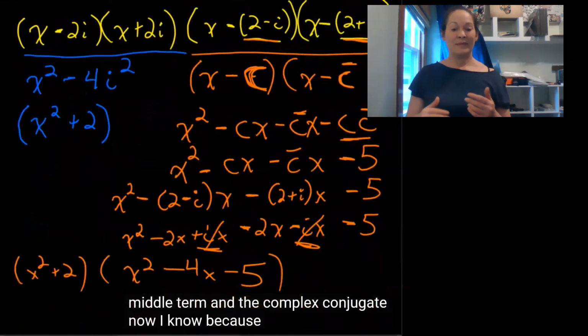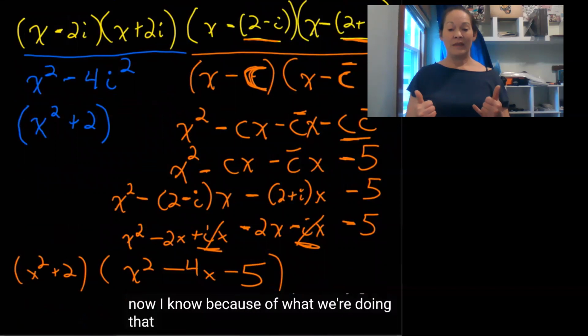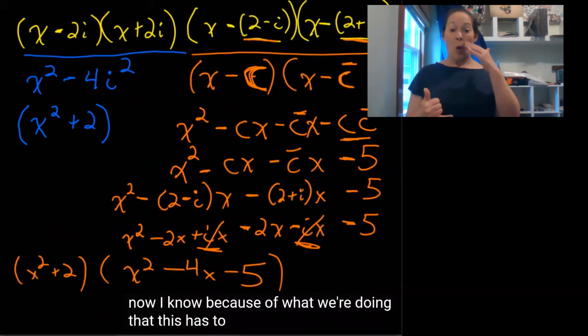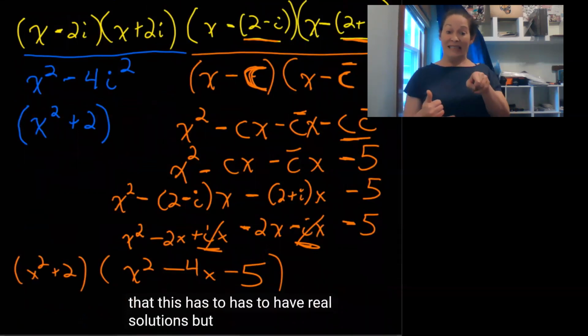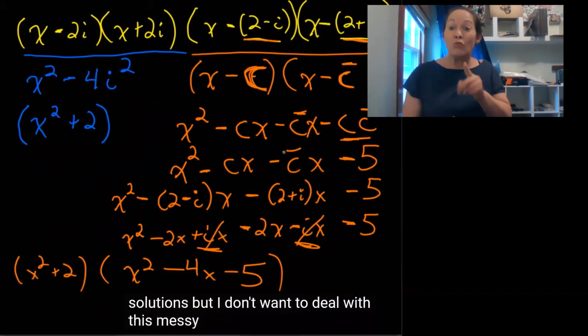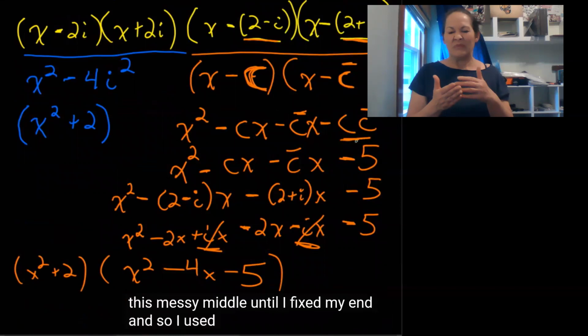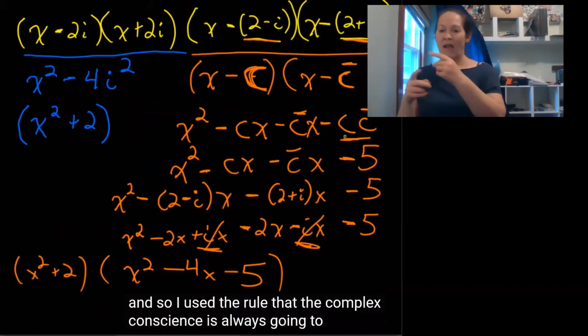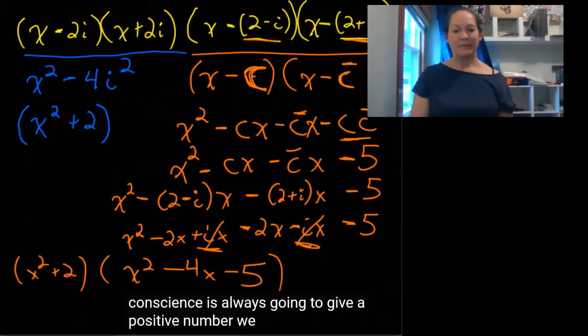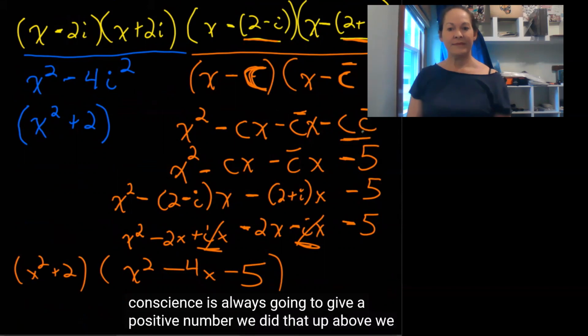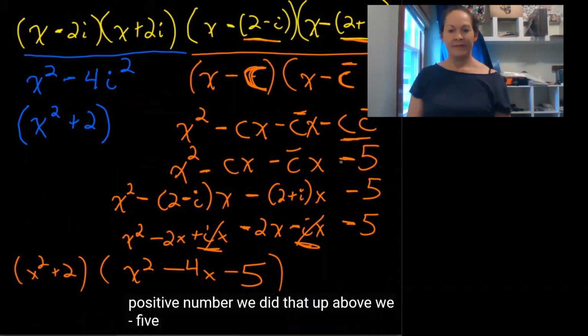Now, I know, because of what we're doing, that this has to have real coefficients. But I don't want to deal with this messy middle until I've fixed my end. And so I used the rule that the complex conjugate is always going to give a positive number. We did that up above, and we get our minus 5, right?